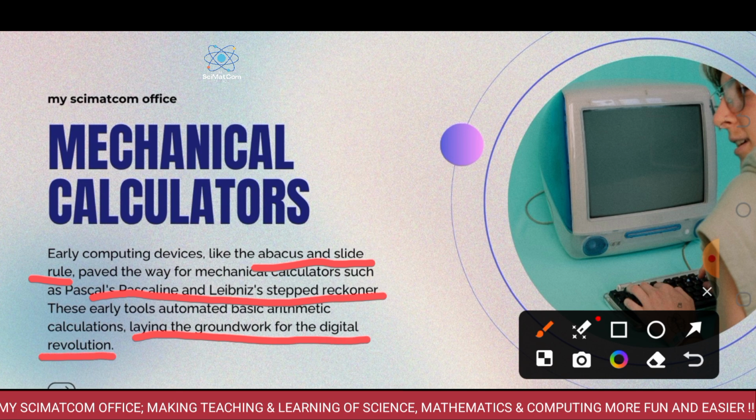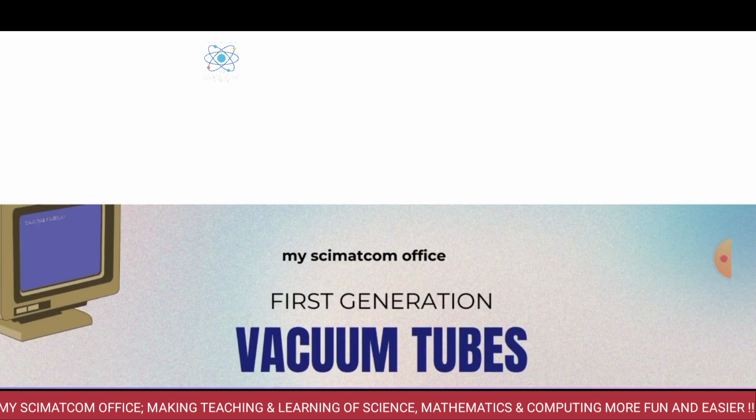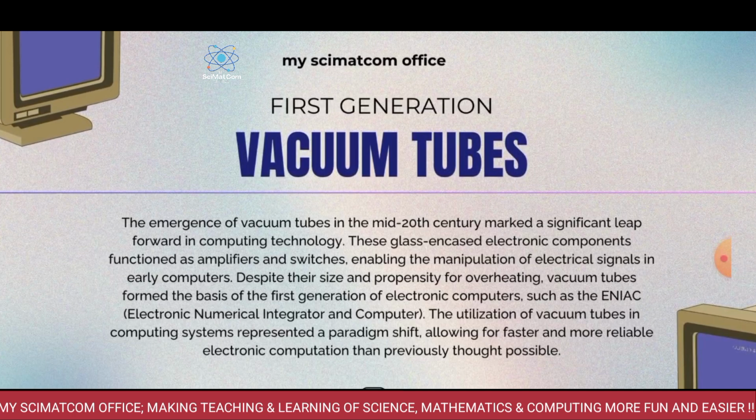The digital revolution is the computers that we see now. And even these computers that we see now started from a computer which was created first before the current computers we are using. Let's go and look at the first computer that was made.